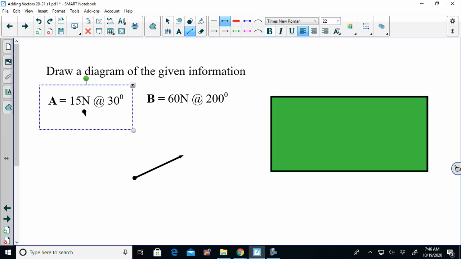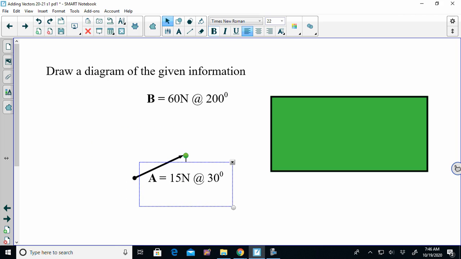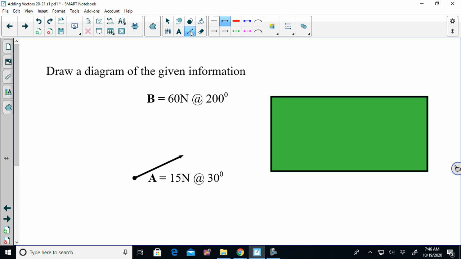So there's vector A. Vector B, 200 degrees, is going to be about 4 times as long, so I'm going to put it about here. 1, 2, 3, maybe a little longer. Again, it's just a rough diagram to get us in the ballpark.